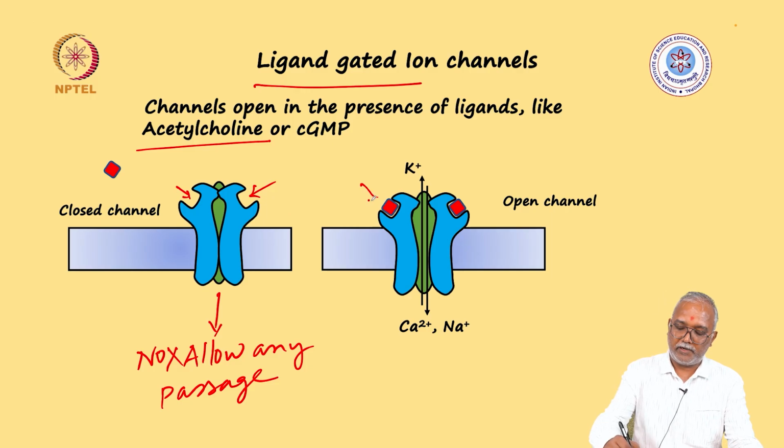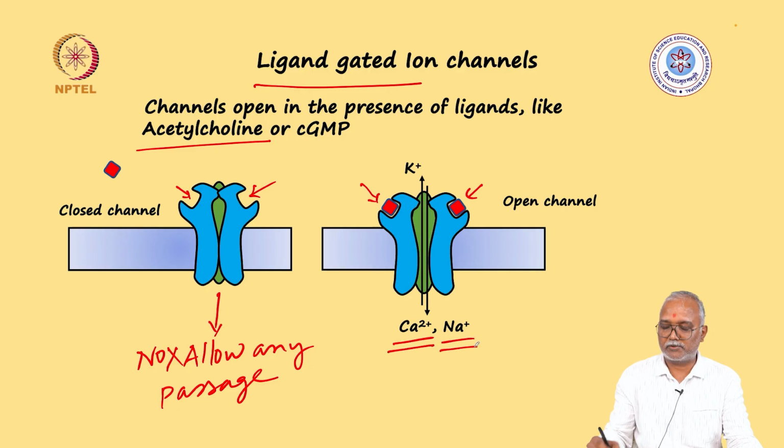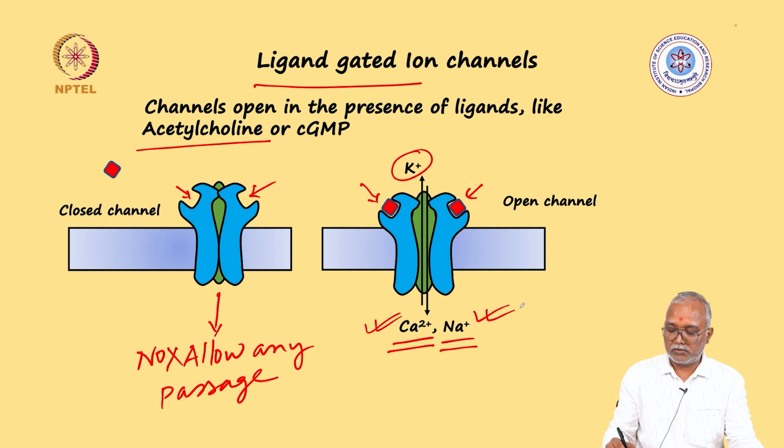So when acetylcholine binds here, a different conformation is acquired. Now it allows more calcium ions to move in or sodium ions to move in. What goes out is potassium ion. So in some sense, this movement of calcium and sodium inside allows the depolarization of the membrane.